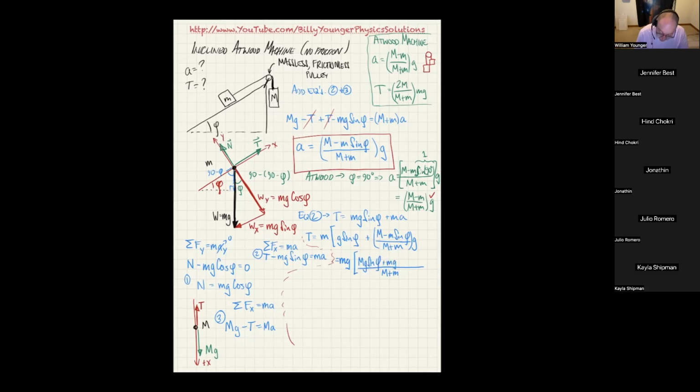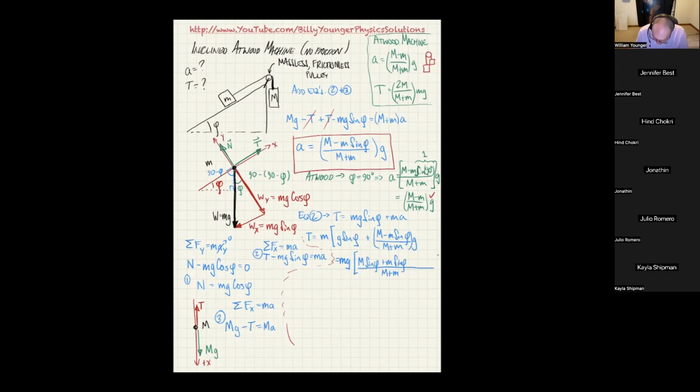Oh, actually, I don't need the g, let me get rid of that because I forgot I pulled the g out already. So now I'm going to say big M times the sine of phi plus little m times the sine of phi.